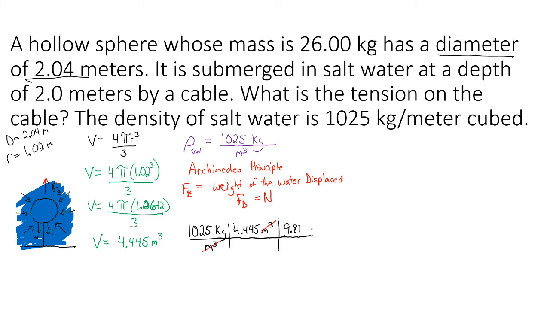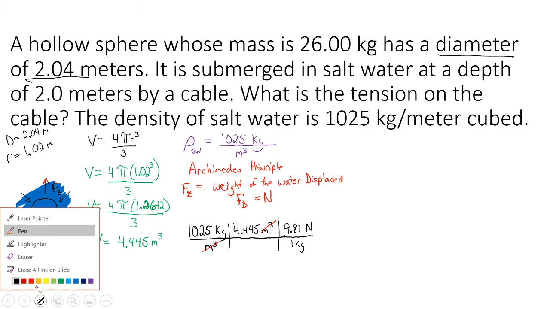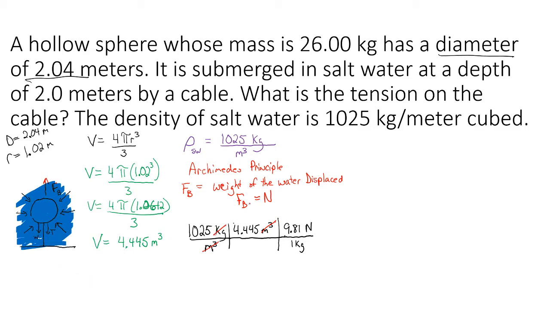You've seen me in a number of videos say that's a Newton per 1 kilogram. But since the first week of class, we have known that in order to get weight, you take mass times gravity. So when we plug this into our calculator, we've got 1,025 times 4.445 times 9.81.